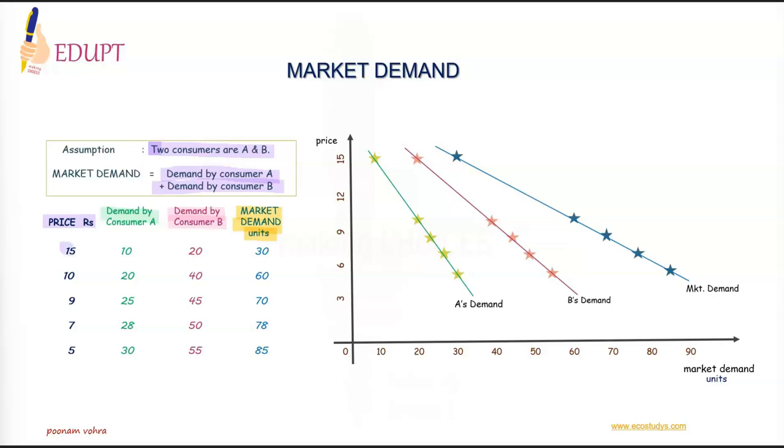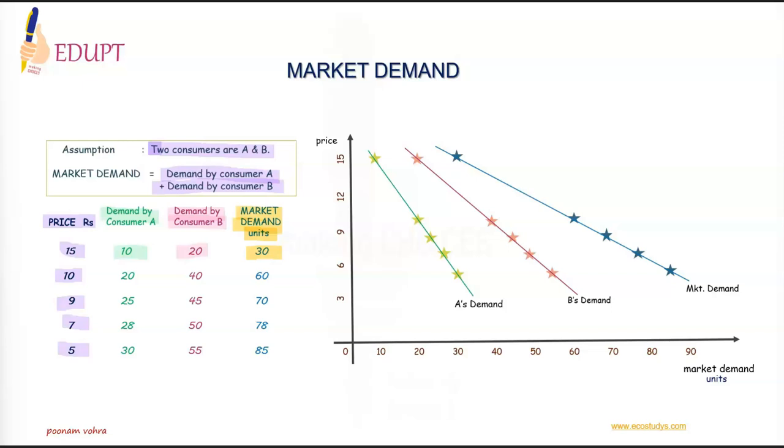When price is rupees 15 per unit, consumer A demands 10 units. Consumer B demands 20 units. So market demand is 10 plus 20, that is 30 units. Similarly, one can find market demand in each case, that is when price is 10, 9, 7 or 5.